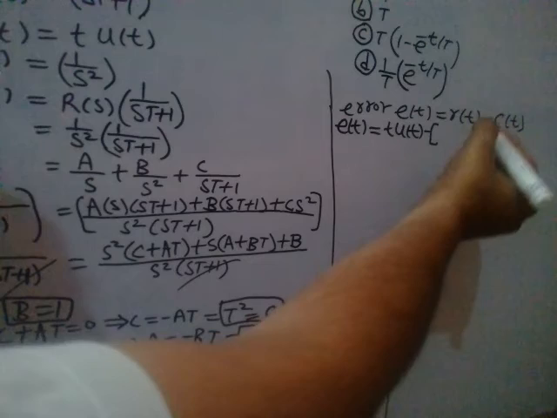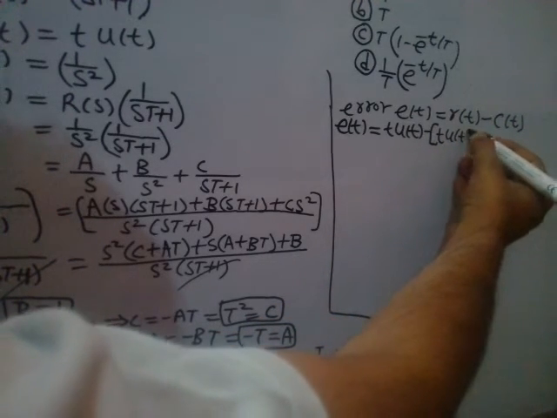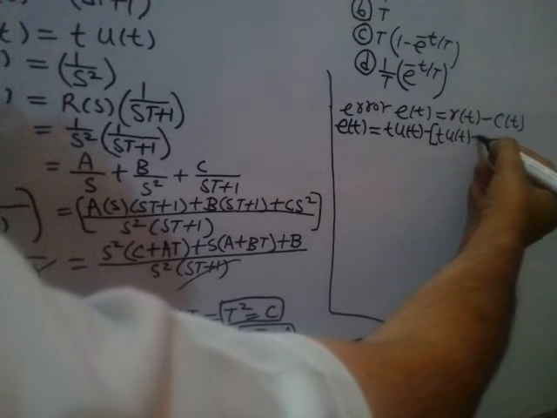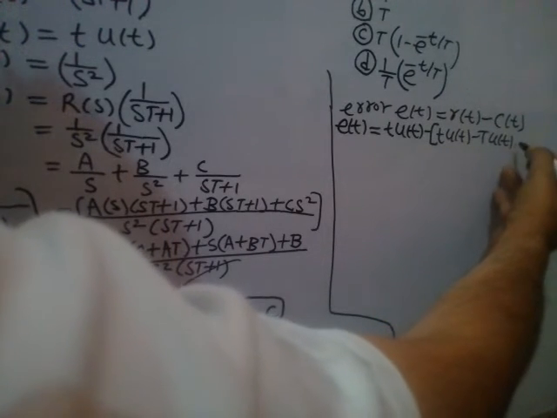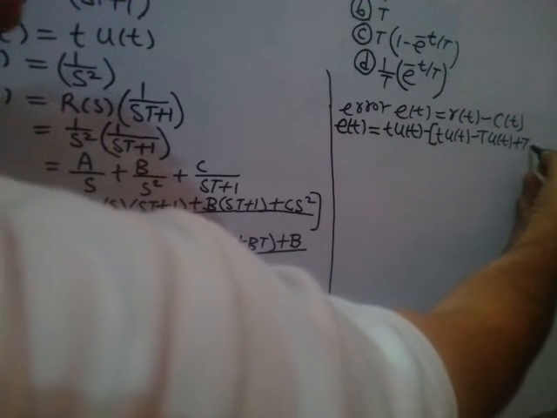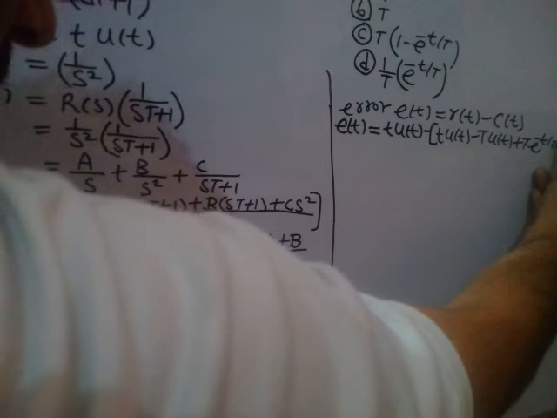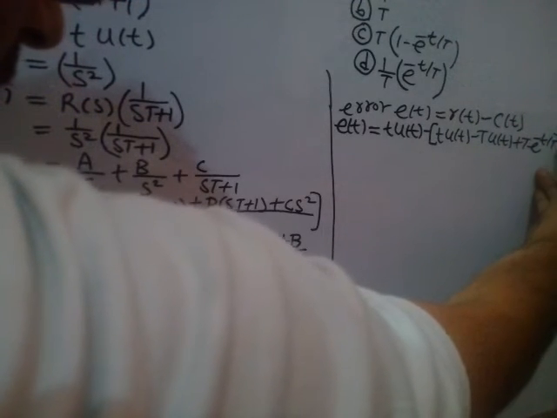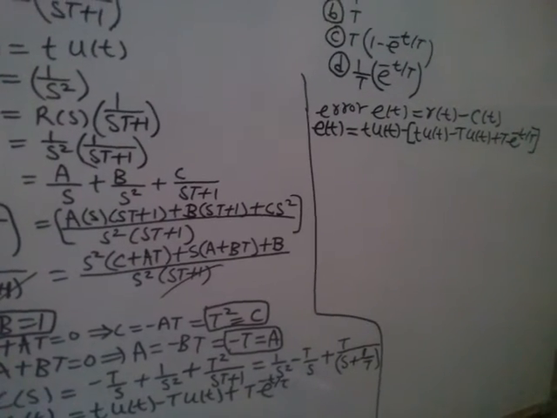Put this whole value here. So small t u(t) minus capital T u(t) plus T e to the power minus t by capital T, bracket closed, right?